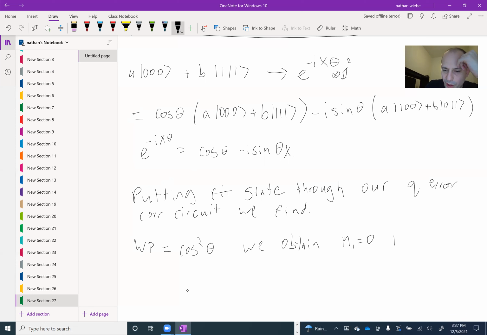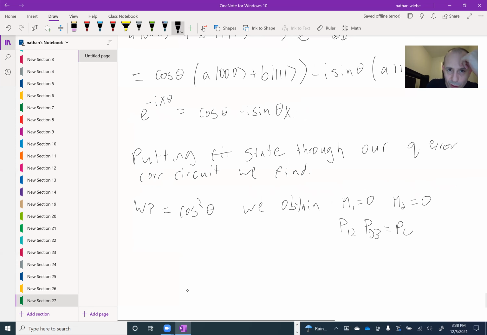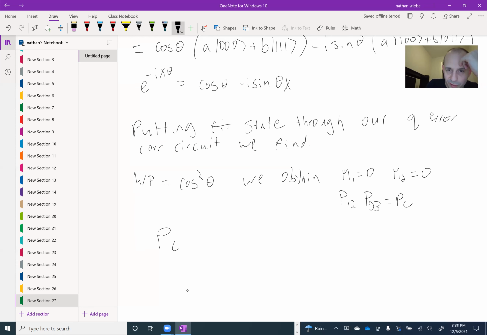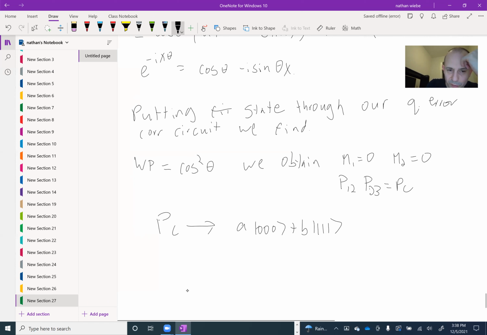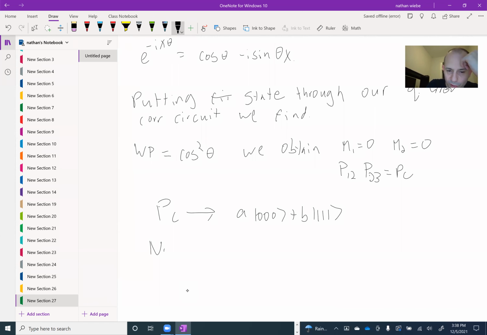This corresponds to applying P12 and P23, which is equal to the code space projector. And the action of the code space projector on our state is PC will just map us to A000 plus B111. So this means no errors occurred. Another way of thinking about this is that our code space projector has actively removed all of the errors with probability cosine squared theta.